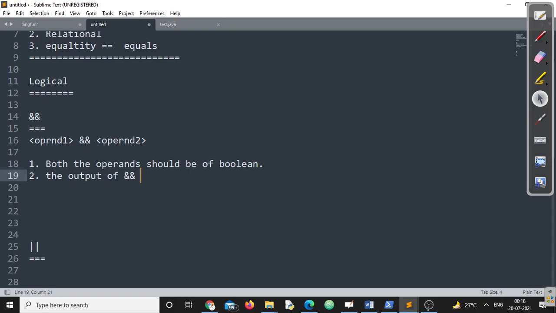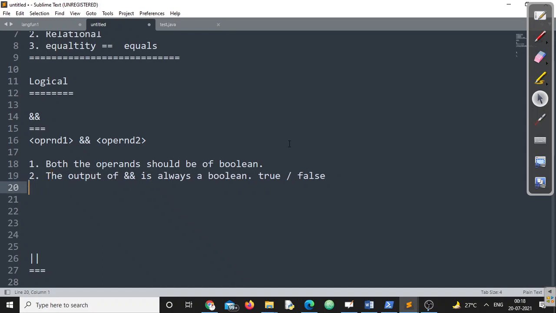logical AND operator is always, remember, always a Boolean. It can produce either true or false, one among these two values, not any other value, under any condition. Third point.